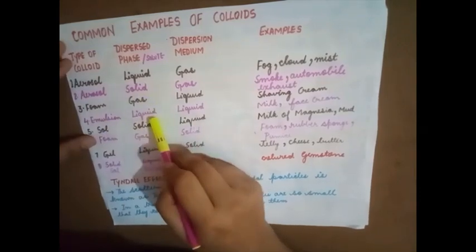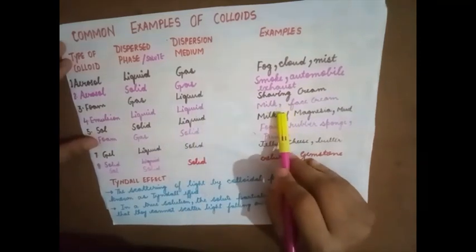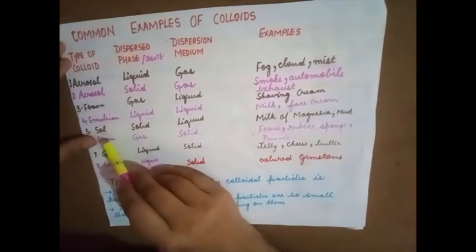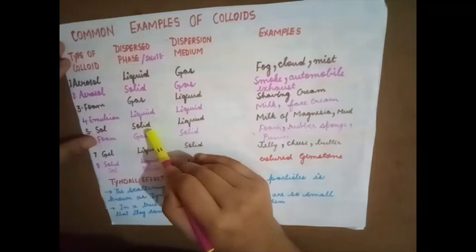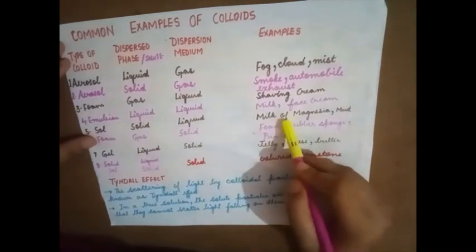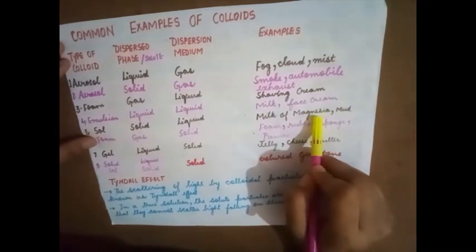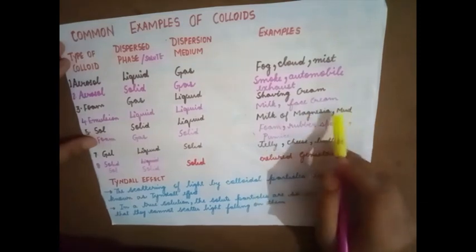Emulsion. Disperse phase as well as dispersion medium both are liquid. Milk, face cream. Sol. Disperse phase is solid over here, whereas the dispersion medium is liquid. Milk of magnesia. Milk of magnesia is also known as magnesium hydroxide, and it is used as an antacid.